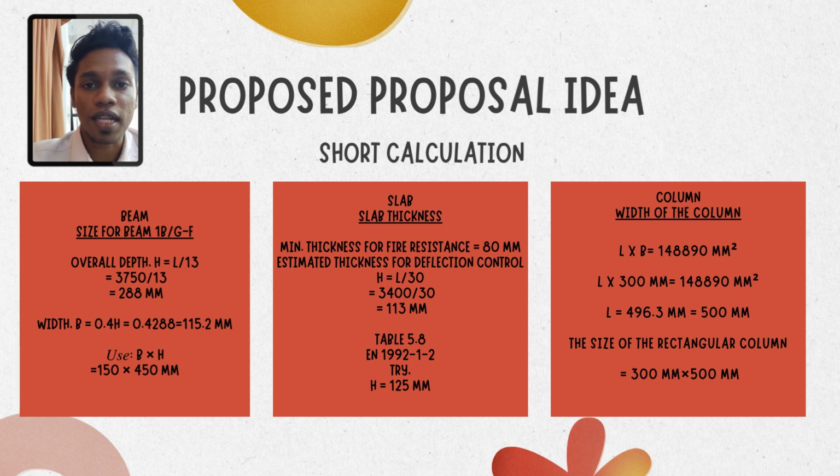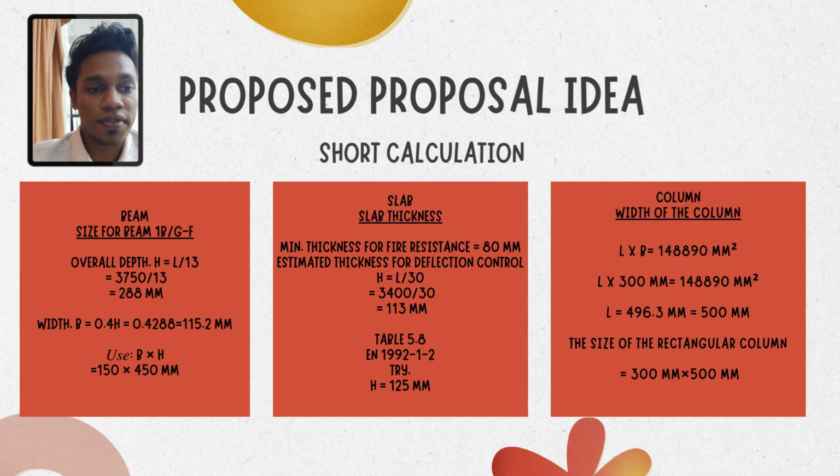Following up for the slab thickness, the minimum thickness for fire resistance is 80 millimeter. The estimated thickness for deflection control is calculated for the L span, long span, 3400 divided by 30, so we get 113 millimeter.